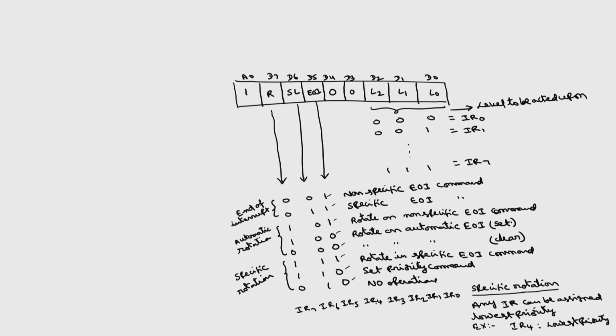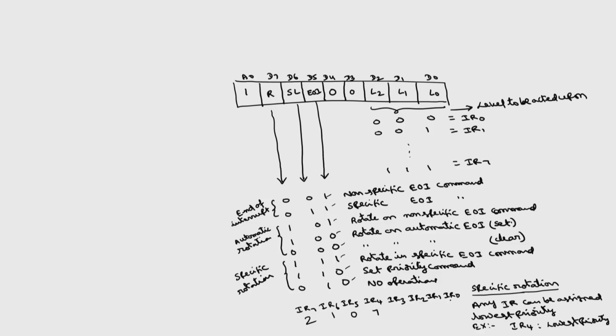If IR 4 is lowest priority, the lowest priority is represented by 7, 0 is highest priority. Then automatically the next one, IR 5, will have highest priority 0, 1, 2, then 3, 4, 5, 6. These are the priority levels in case of specific rotation.